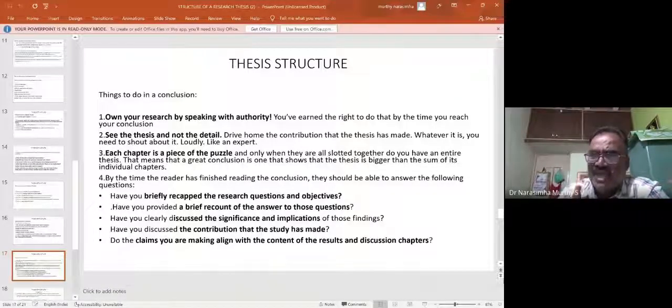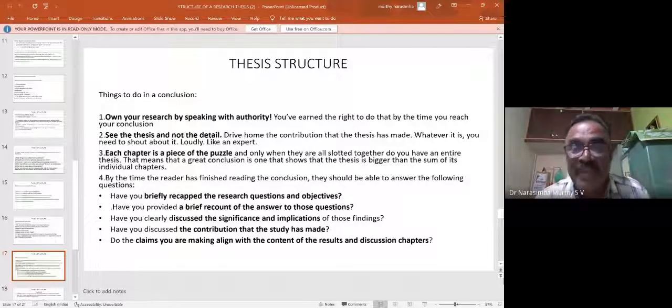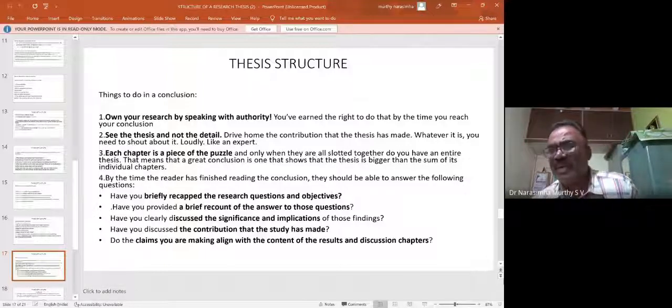And remember, by the time the reviewer, the reader, has come to read your conclusion, he should have understood the following things. The research questions and objectives, which you discussed in your introduction, so it connects all through from introduction to conclusion. A brief recount of the answers to these questions: how you answered them.